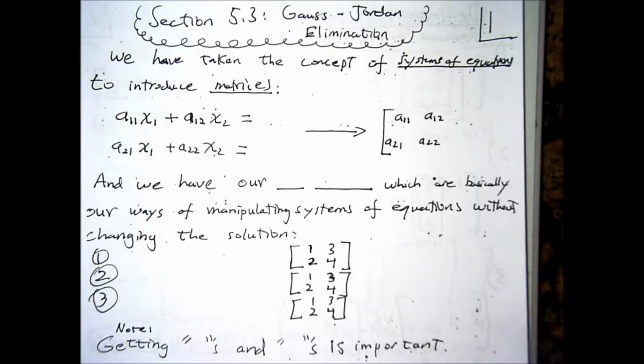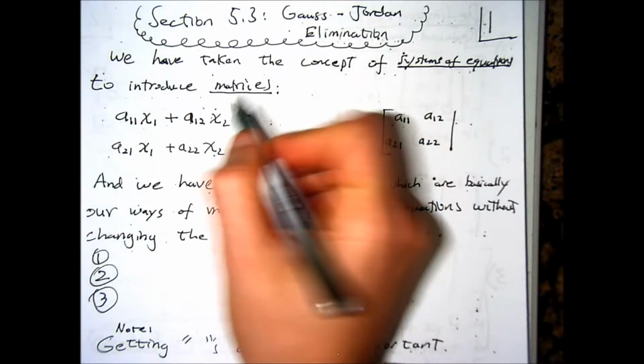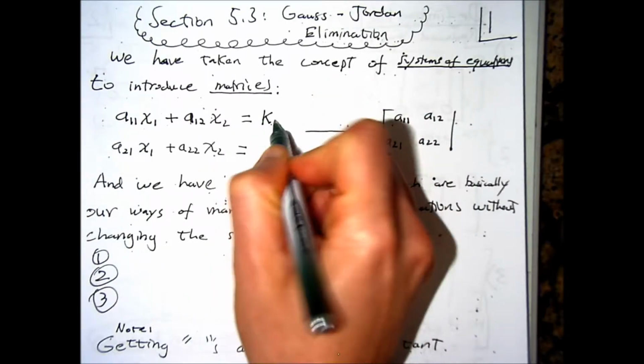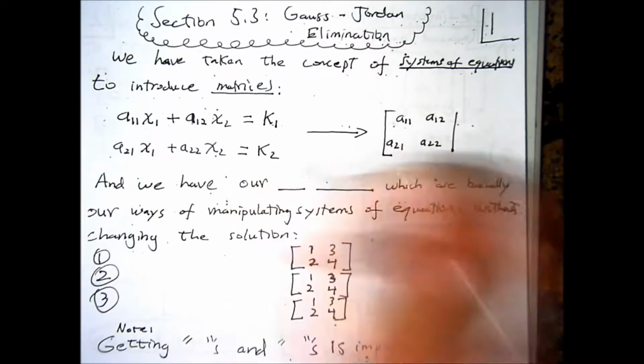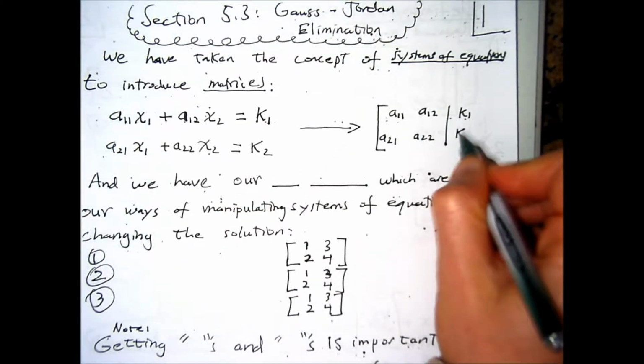For now, to solve it, we write an augmented matrix if we're given the other side of the equations, K1 and K2, and then over here we'd write K1 and K2.